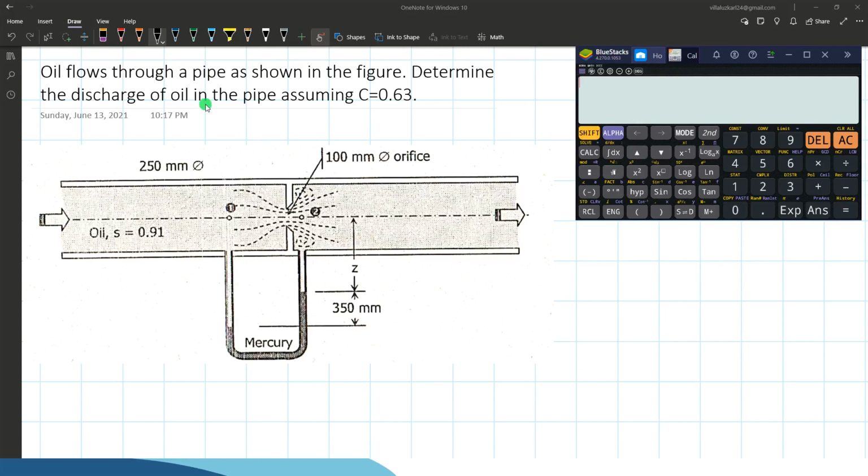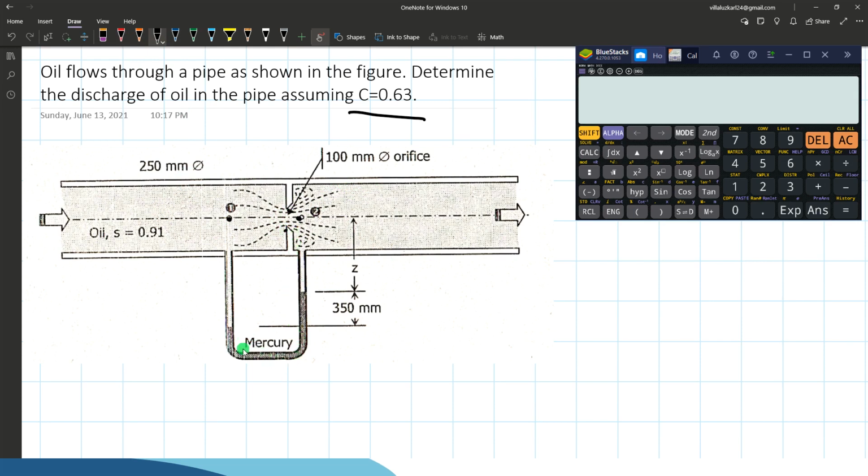Example number 1. Oil flows through a pipe as shown in the figure. Determine the discharge of oil in the pipe assuming a coefficient of discharge of 0.63. Here's the given figure for the Venturi meter. Let's solve this. We have points 1 and 2. Given are the diameter of the inlet pipe, which is 250 mm, and a 100 mm diameter orifice here at the throat.